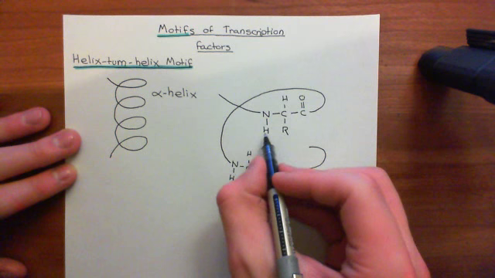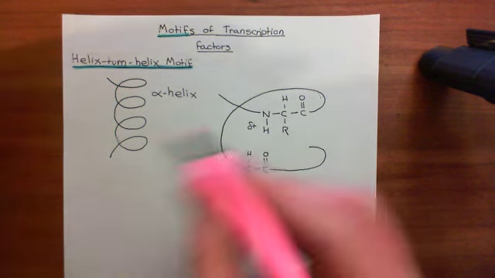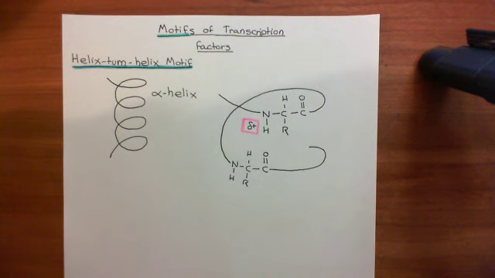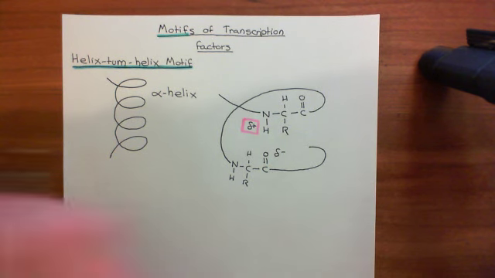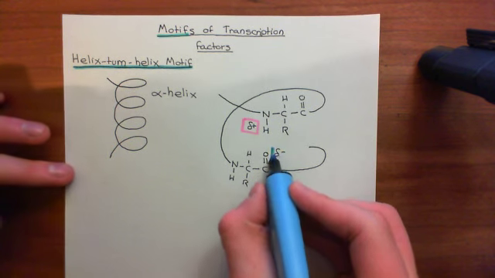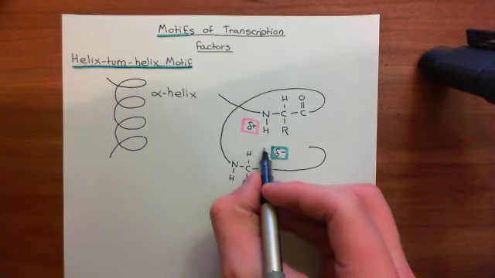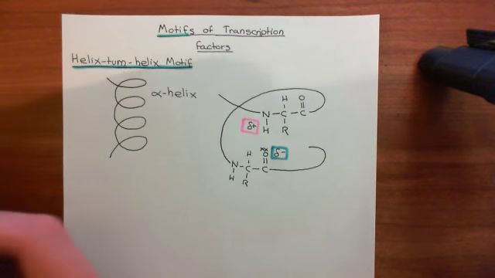Nitrogen has a much greater electronegativity, and that's going to result in hydrogen having a partial positive charge here. Then we've got an oxygen atom here, which is attached to a carbon atom. That's going to result in that oxygen atom gaining a partial negative charge at least. And that oxygen is also going to have two lone pairs of electrons. We only need one of those, so I'll just show one of them.